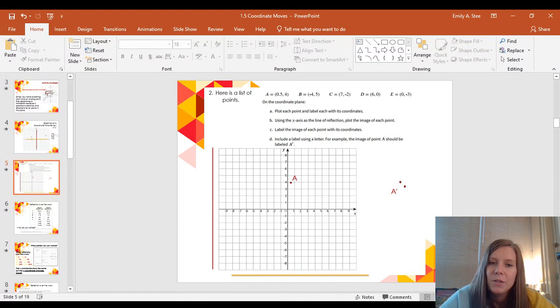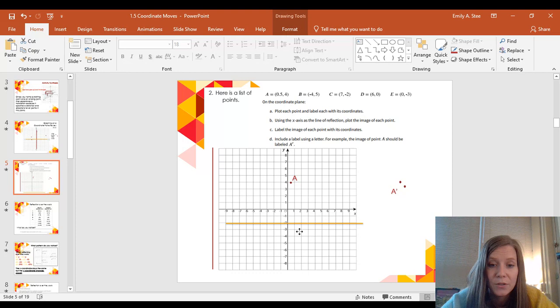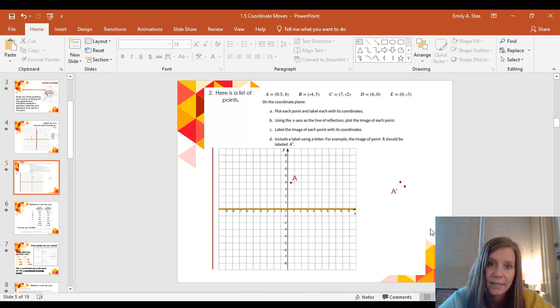Now, looking carefully here, it says part B, using the x-axis as the line of reflection, or my mirror, I'm going to plot the image. So let's make sure we know which is our x. Y is our vertical, x is our horizontal. So x will be our yellow axis, okay?